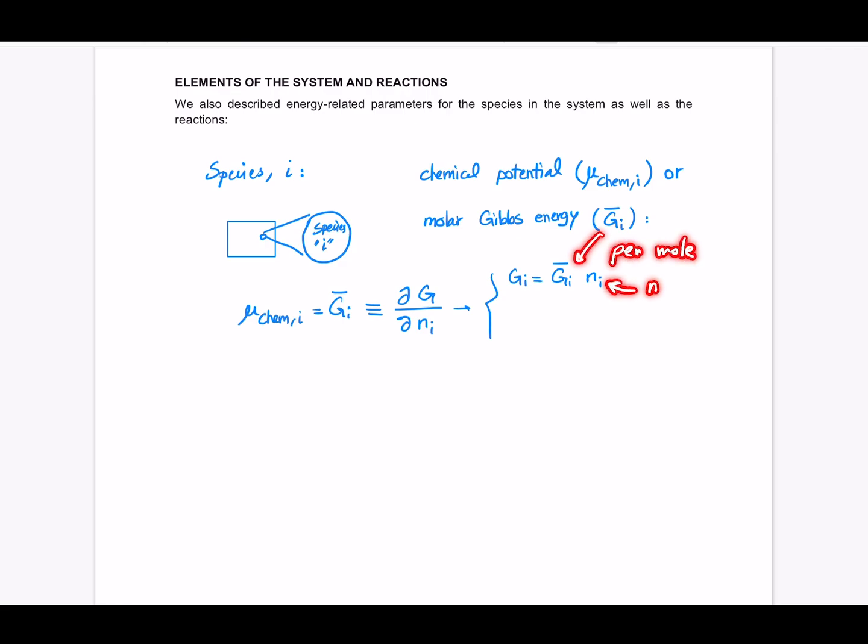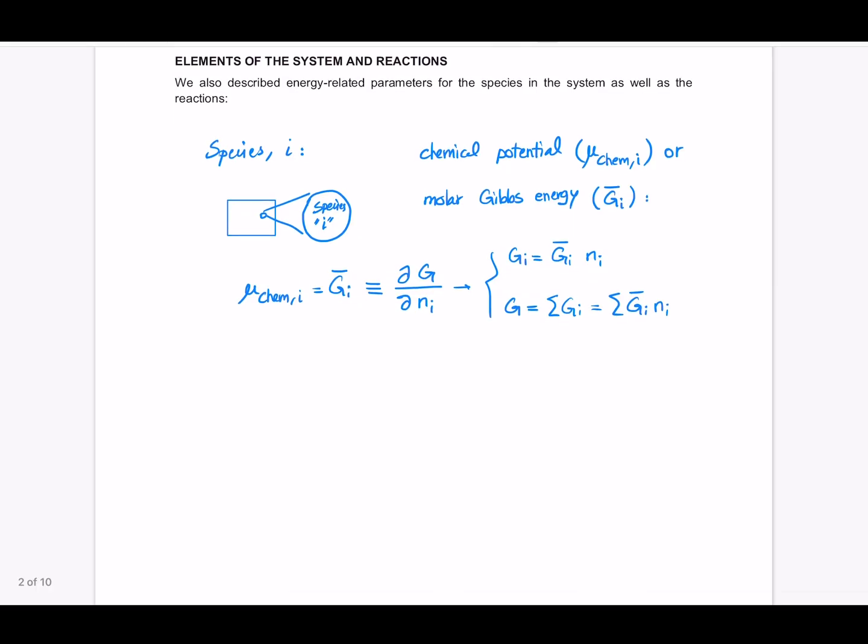So per mole times mole would be the total. And then the total G of the system, combining all the species, would be basically G_i molar times N_i, combining for all the species.